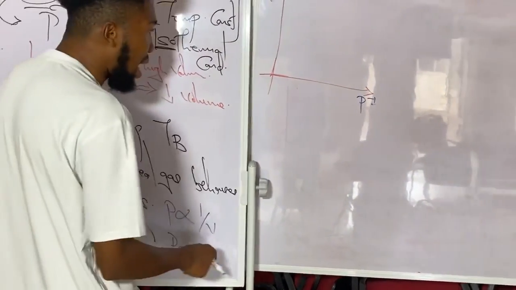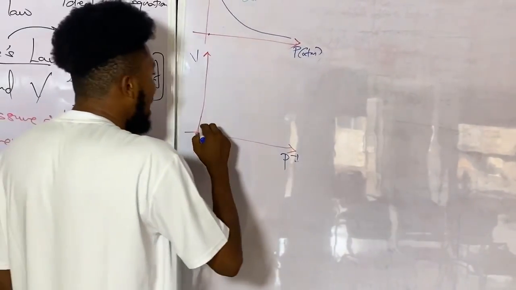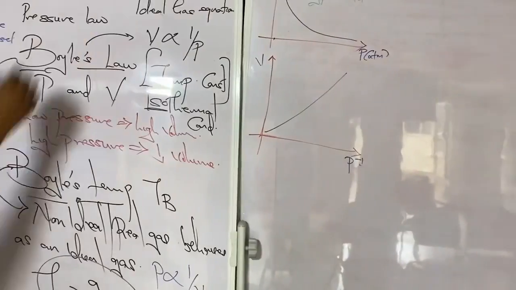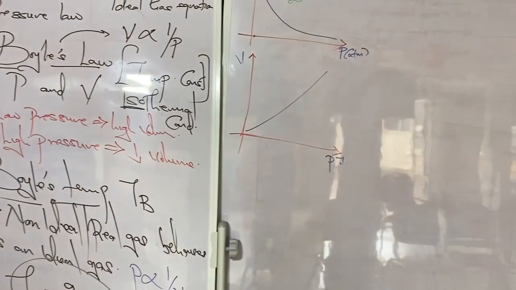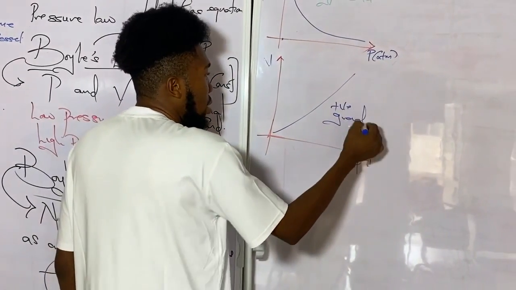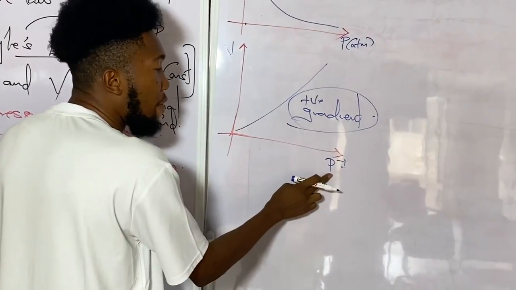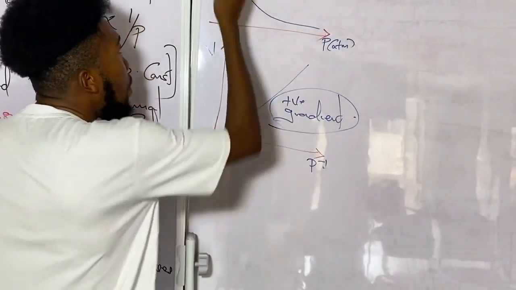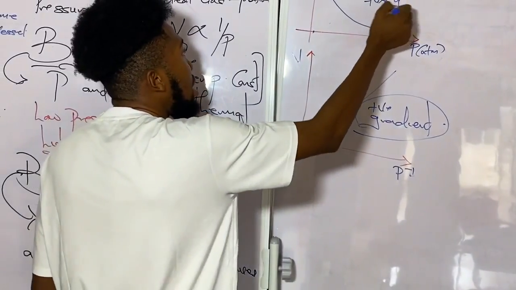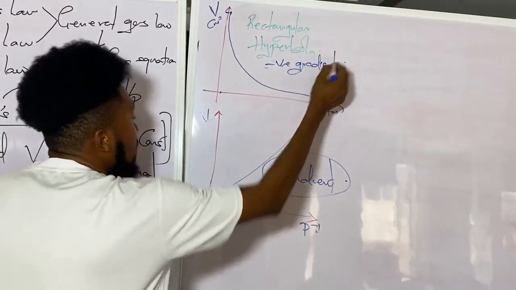So if I am plotting a graph where one of the parameters is inverse, I should be expecting a straight line with a positive gradient. You only get this positive gradient when you are plotting V with the inverse of P, or P with the inverse of V. But when you are plotting V with P, you should be having a negative gradient. Very important.